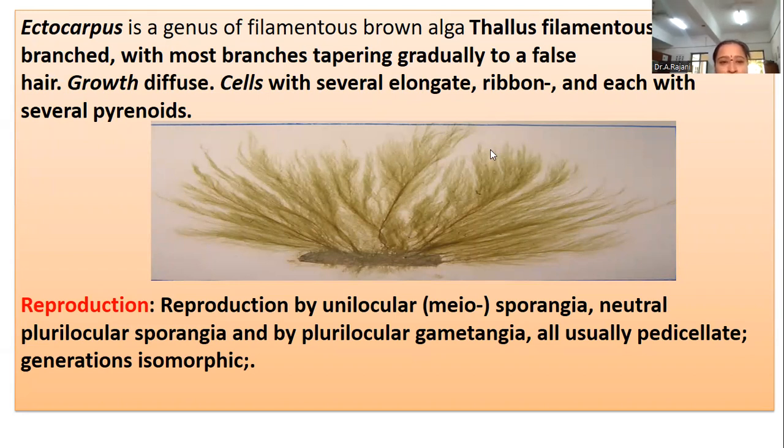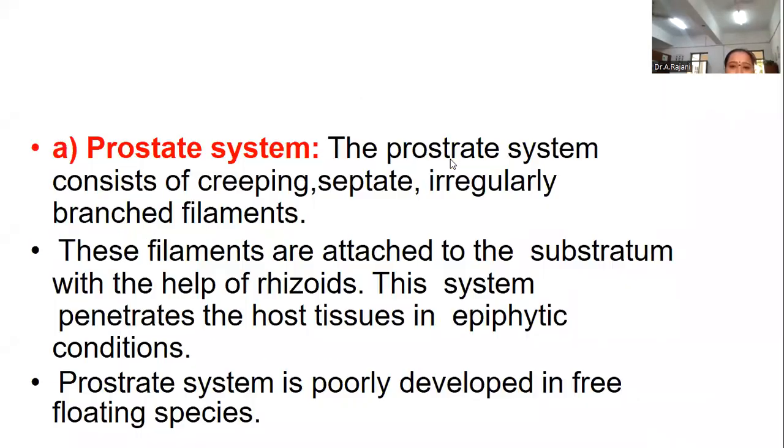Pyrenoids are there, and in the pigment system carotenoids and fucoxanthin are present. Coming to reproduction, both unilocular sporangia and plurilocular sporangia are present in the reproductive system.